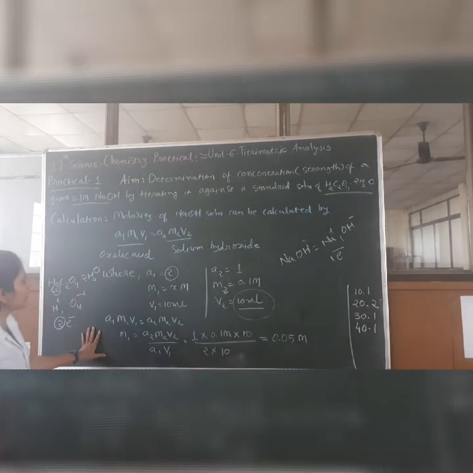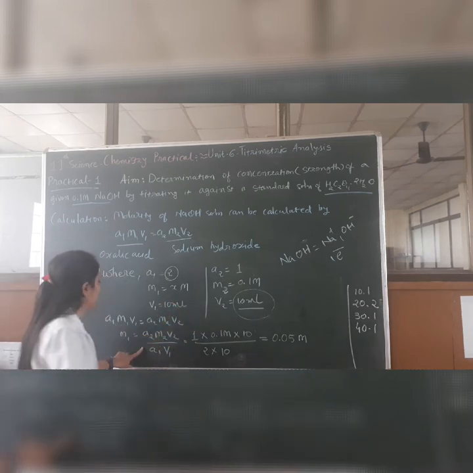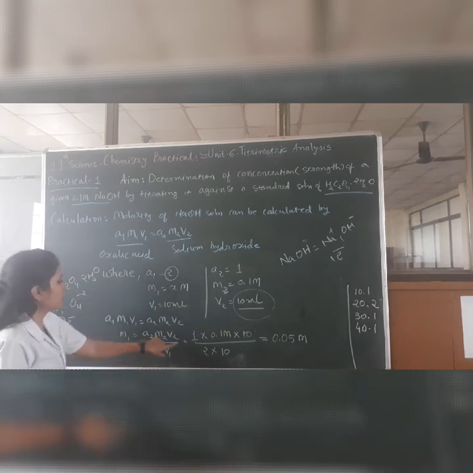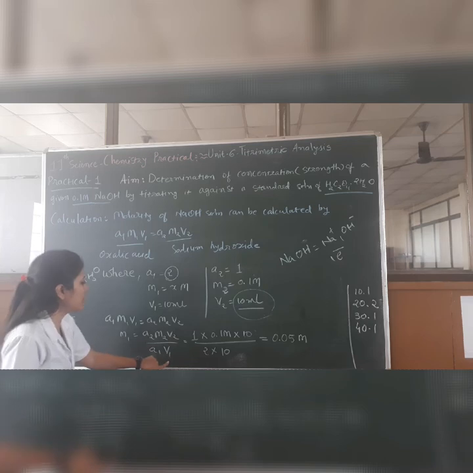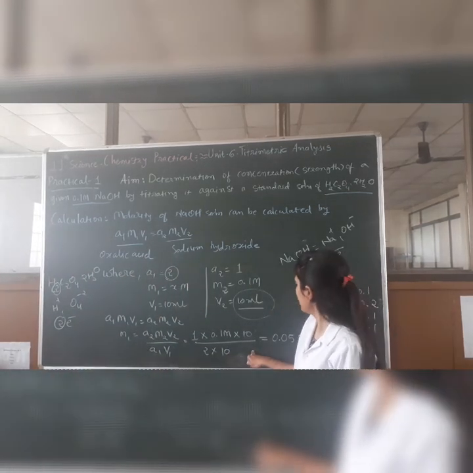Now we again write the equation A1M1V1 = A2M2V2. Then we have to find M1, which is A2M2V2 divided by A1V1. Then we put in the numbers and calculate.